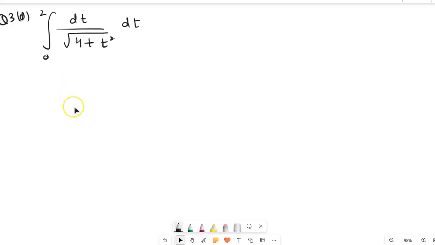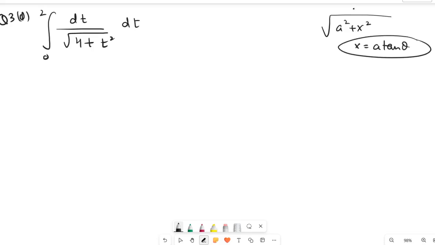This is question number 3, part D. If we have the format of a squared plus x squared, we make the substitution a tangent theta. In this case, a squared is 4, therefore a is 2. That means our variable, which is t now, would be put as 2 tangent theta.